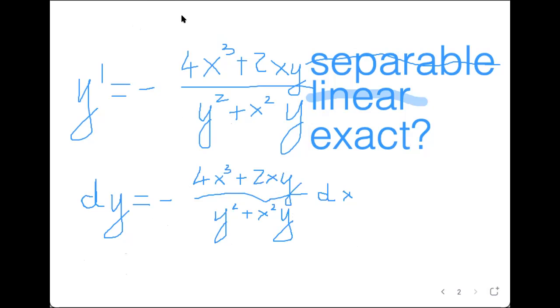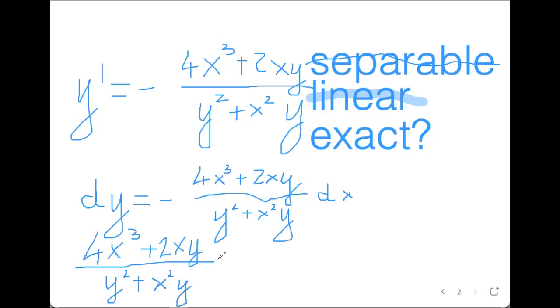Well, then I guess I'll have to copy it by hand. So 4x cubed plus 2xy over y squared plus x squared y dx plus dy is equal to 0.